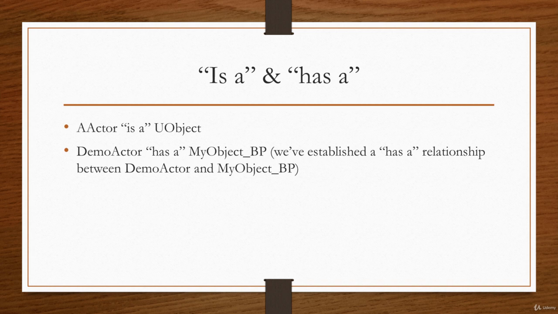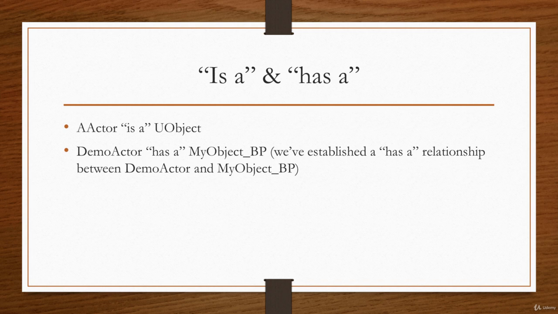But just because that actor now has that object as part of it does not mean it's automatically constructed. Because if you remember, the C++ class that we originally declared did not have the object. So we are adding that object, creating that "has a" relationship in the blueprint, not in the C++.